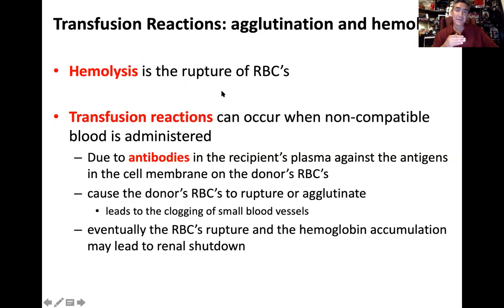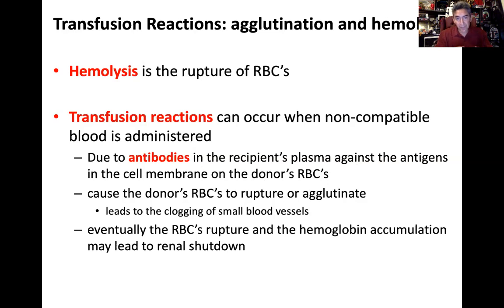So we must be very cautious when a cross match is done to ensure that we're transfusing the right compatible type of blood. Right? So again, transfusion reactions can occur when non-compatible blood is administered due to antibodies in the recipient's plasma against the antigens in the cell membranes on the donor's red blood cells.